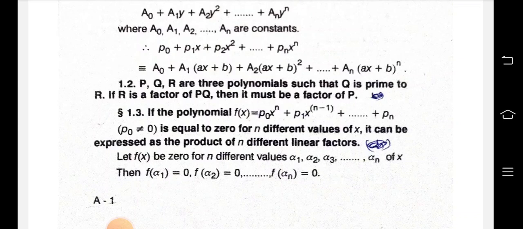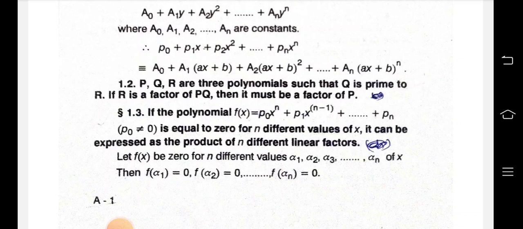Property 3. If the polynomial f(x) is equal to p0 into x power n plus p1 x power n minus 1 plus up to pn, where p0 is not equal to 0, is equal to 0 for n different values of x, it can be expressed as the product of n different linear factors.